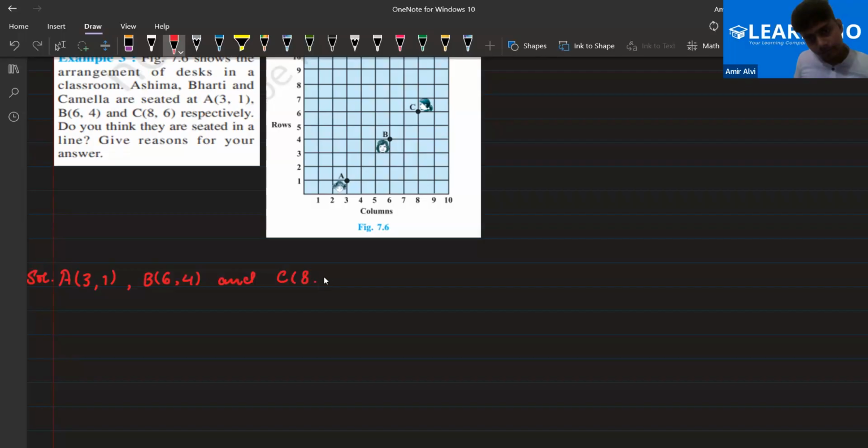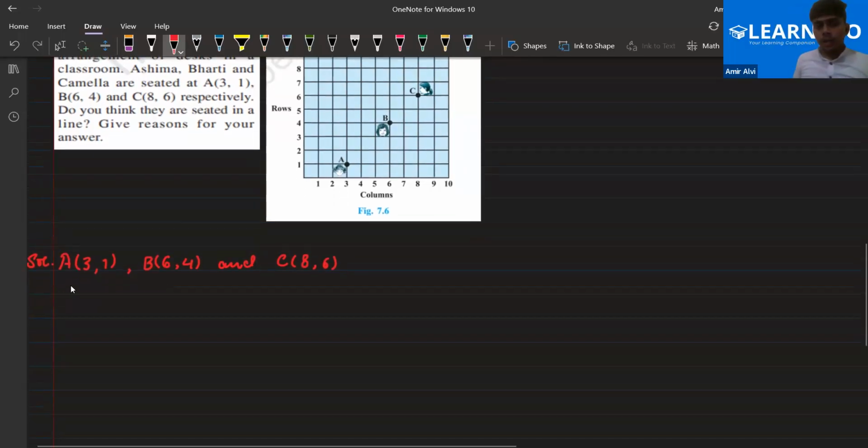Okay. Now, Gianna, as you can see, we just have to calculate the distance of AB first. That is equals to under root of x1 minus x2. So I'm assuming that A is x1, y1, B is x2, y2. Is that clear? Yes, sir.